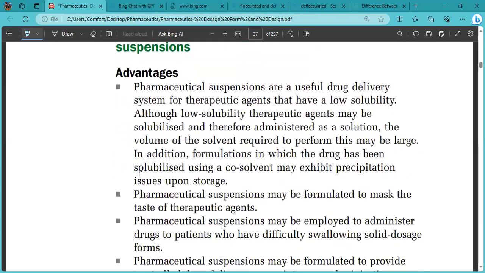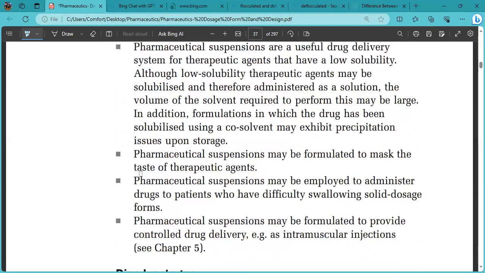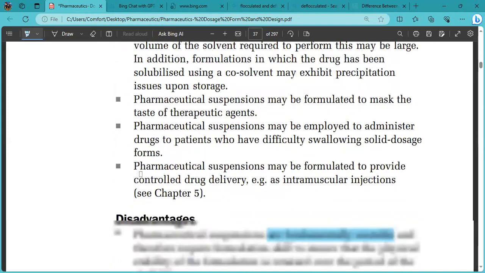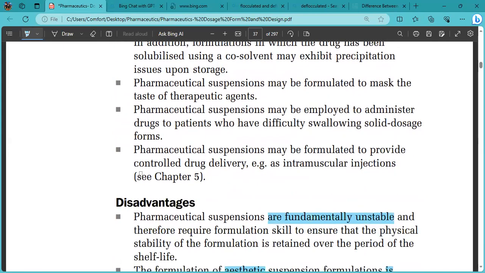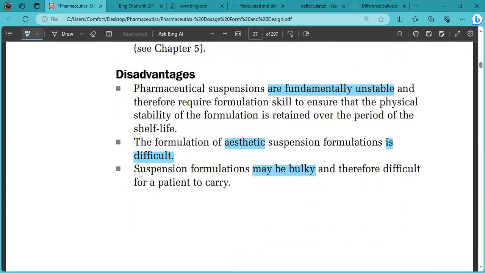So the advantages of suspensions are similar to the general advantages of oral dosage forms. I'd like to draw your attention more to the disadvantages, which are more specific to suspensions on their own.